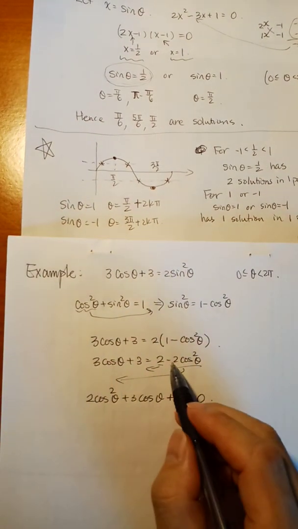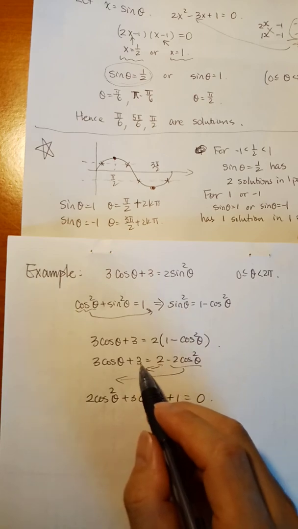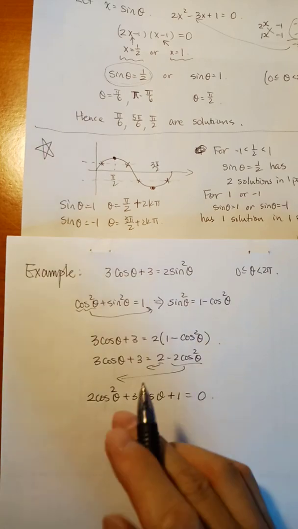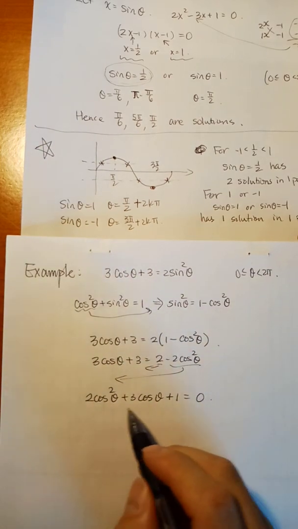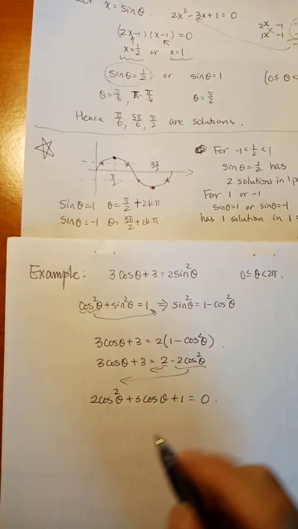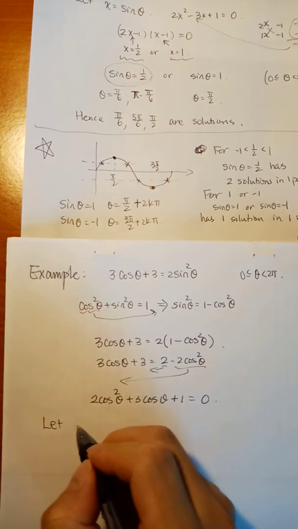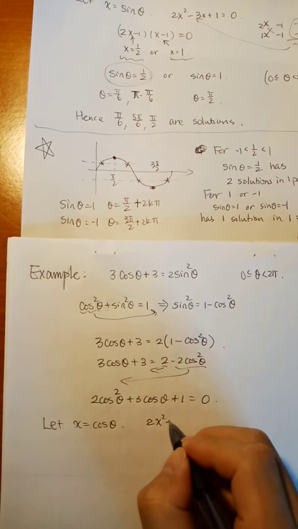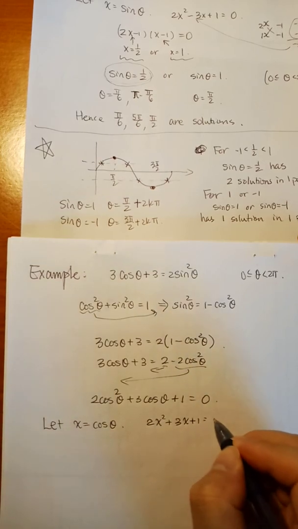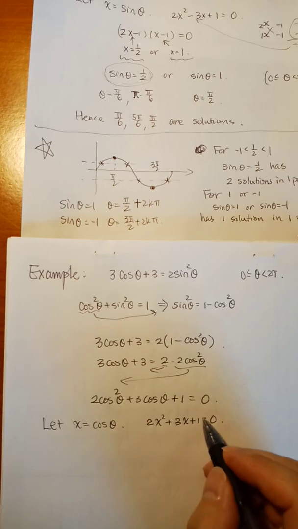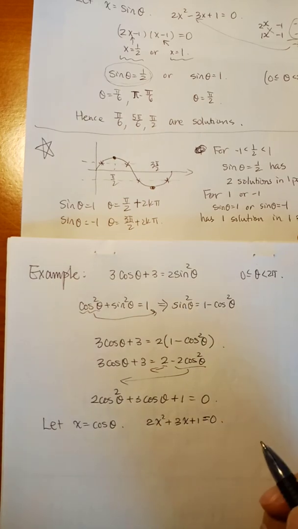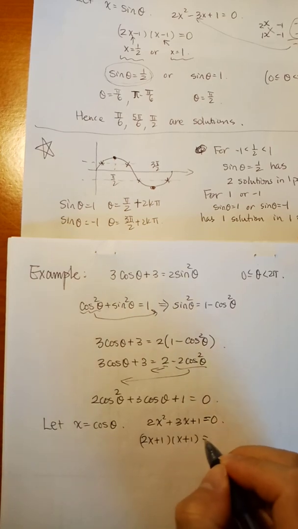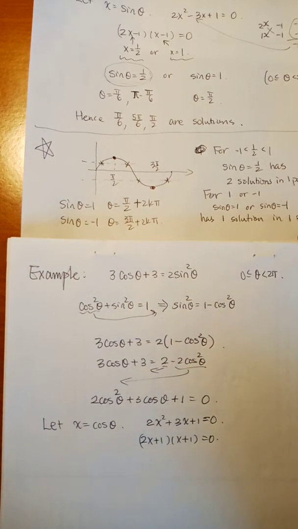This move to the left, it becomes plus. 2 move to the left, minus. 3 minus 2 is 1. And now you see this is like the previous example. You have the quadratic form. So you let x be cosine of theta. So the equation becomes 2x squared plus 3x plus 1. And then you factor it. The factorization is similar to the previous one.